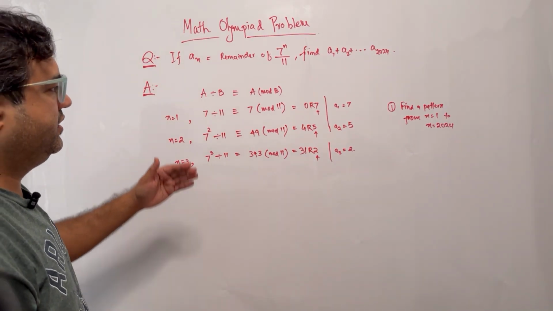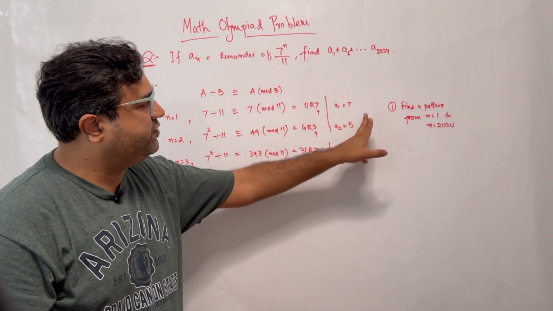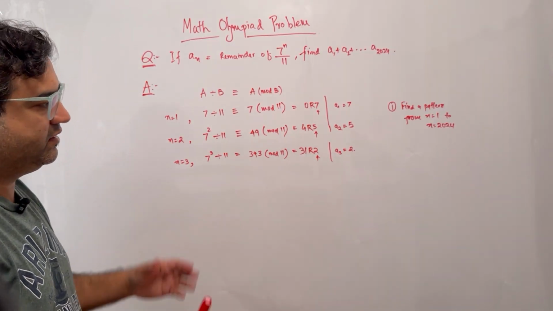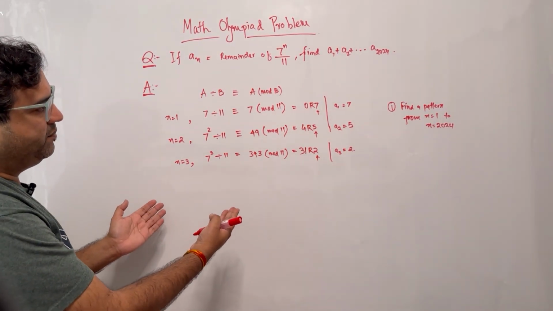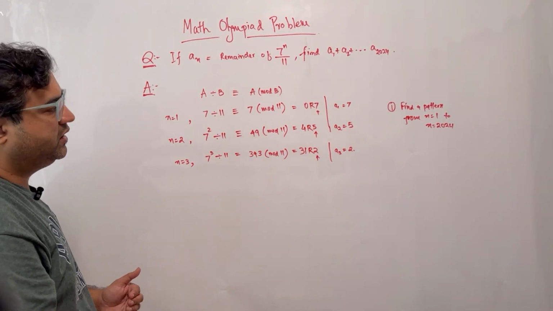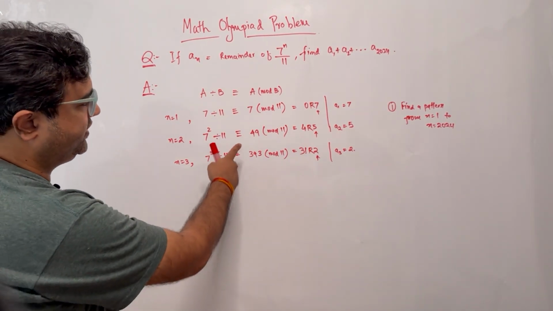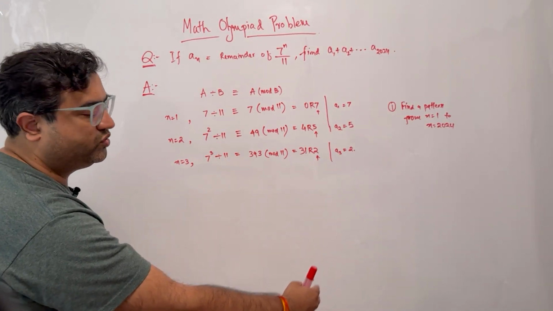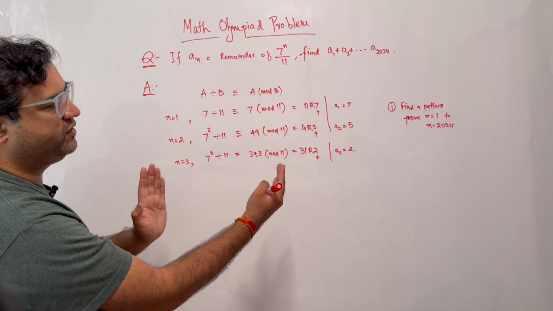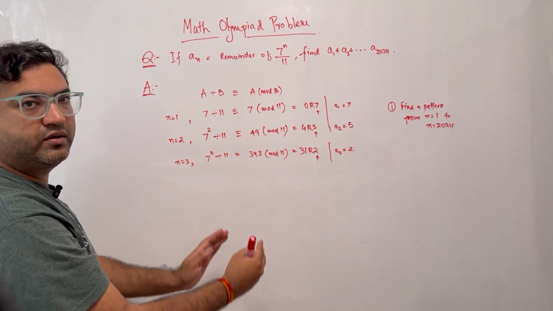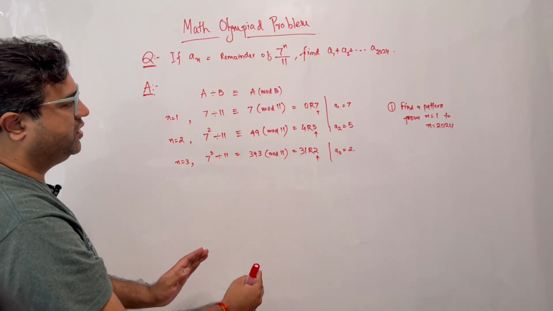Now, let's say 7, 5, 2, there is no pattern that is emerging as of now. But if we have to know the next few terms, how do we go about it? If we keep on multiplying by 7 and 7, eventually this number is going to grow very large. So we have to find a way to reduce that multiplication.